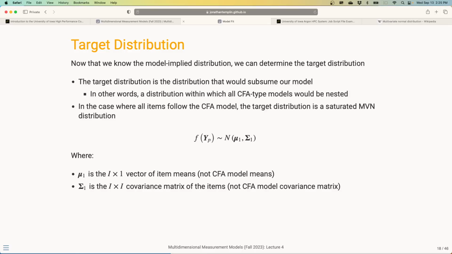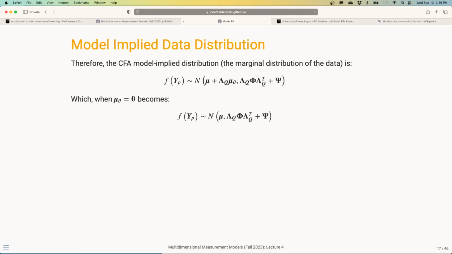Turns out this general model, and I hesitate to use the word sample because oftentimes in basic stat we use sample for those unbiased estimates of things. But here, all of our CFA models are nested within this, because a CFA model is multivariate normal, and it fits exactly when sigma is equal to this form right here.